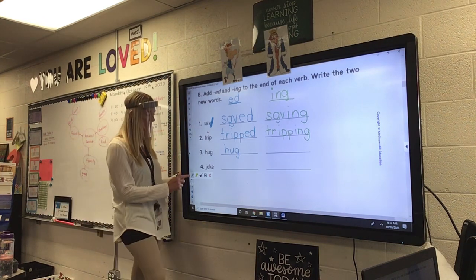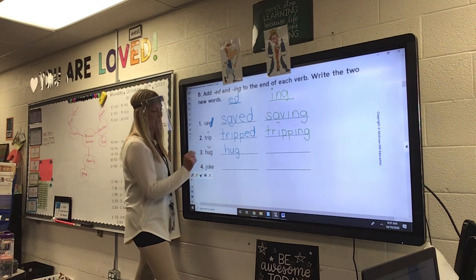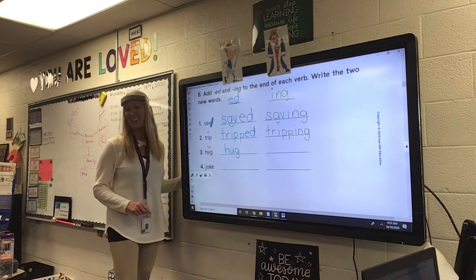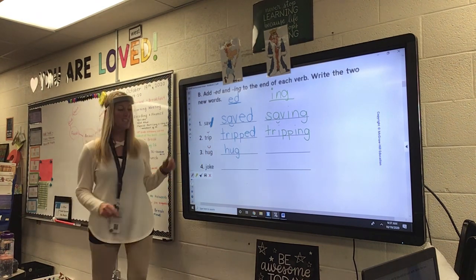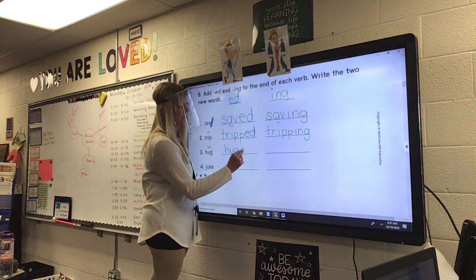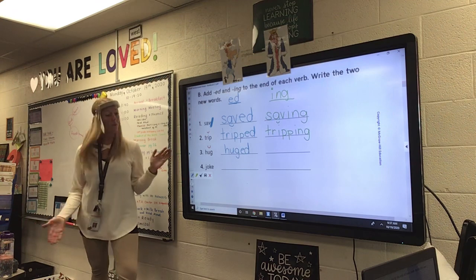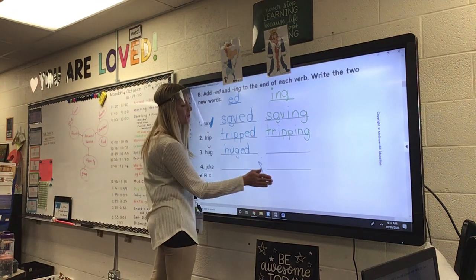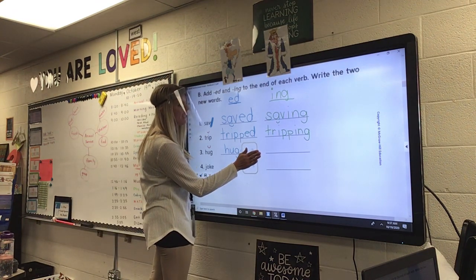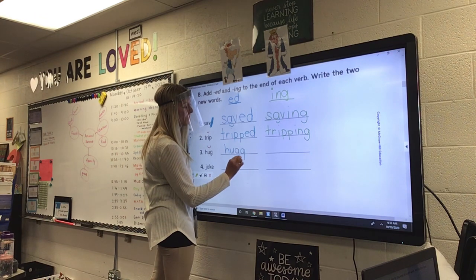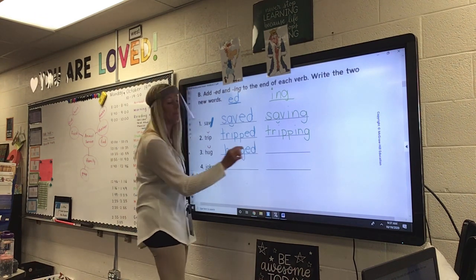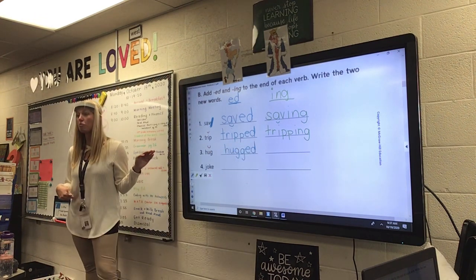So it's short. So what's the rule? Oh, can I just add ED? Because then it's going to make it huge, which is not a word. So I don't want huge, I want hug. So what's the rule, Eli? 2 G's. Good job. So put 2 G's so it blocks that E from jumping over to make it huge.